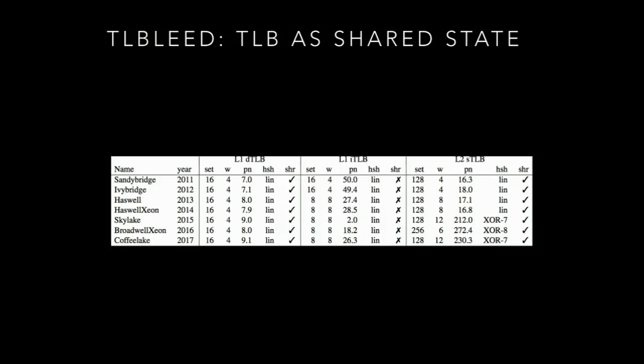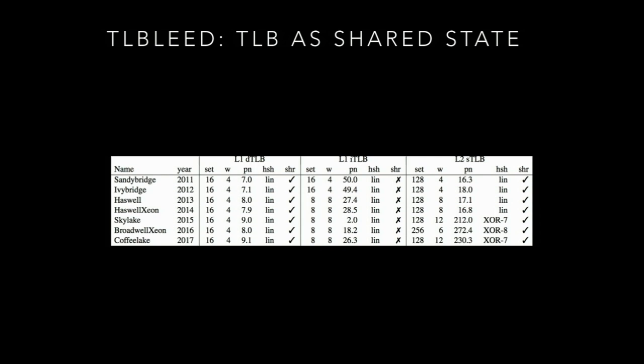So here's a little summary of all these properties of the TLB that we reverse engineered, looking at different microarchitectures. I think the most interesting thing is the hashing function. For the L1 TLB it is linear everywhere. The DTLB is shared everywhere. The ITLB is shared nowhere. And the L2 TLB has a huge number of sets.